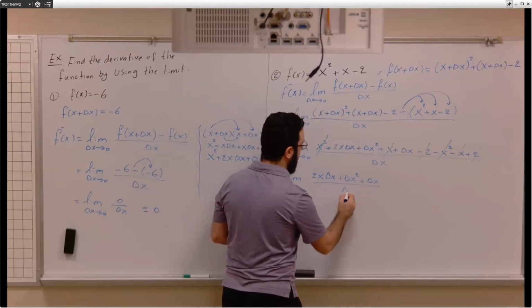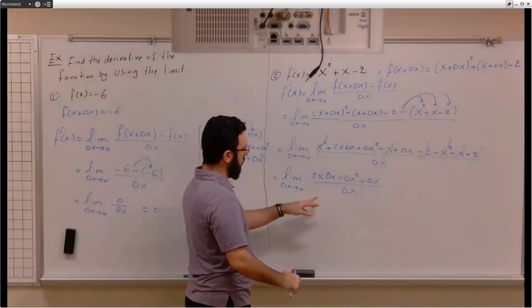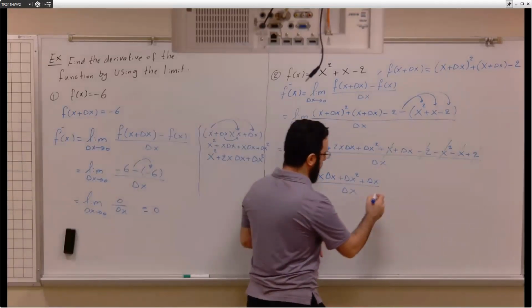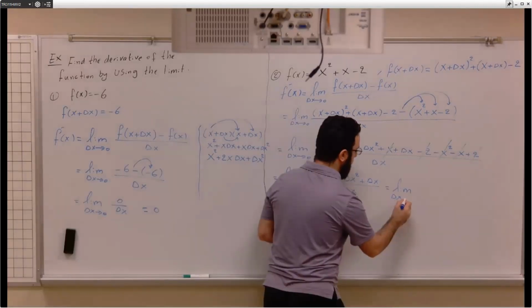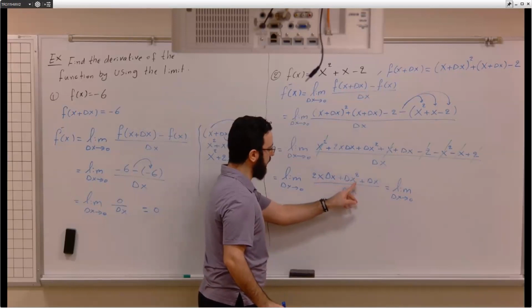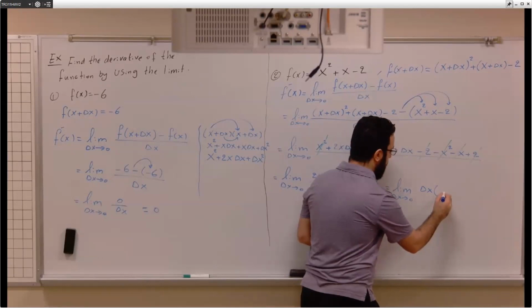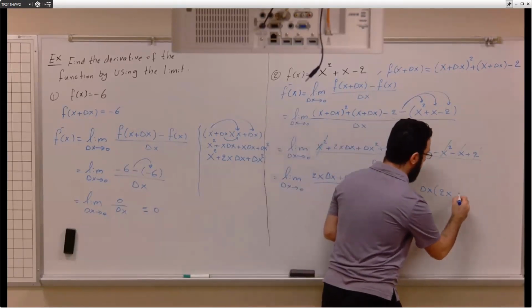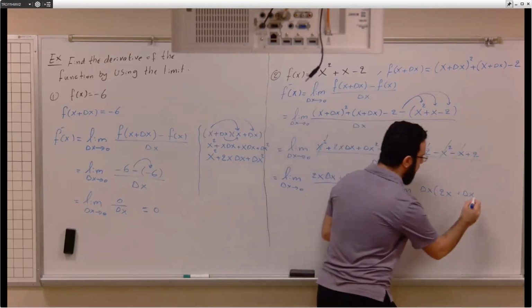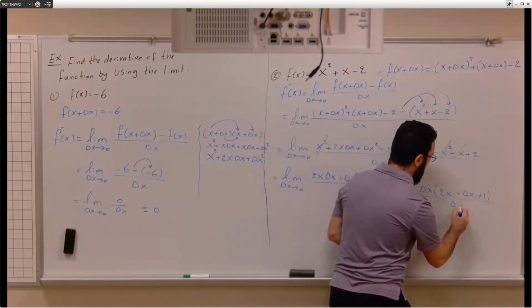And what's the next step? Simplify. Yes, so that's what we're going to do. Limit when delta x approaches 0. You see delta x here, delta x, delta x. I'm going to take delta x as a common factor. What is left is going to be 2x plus delta x here, because we have the square, plus 1. And everything divided by delta x.